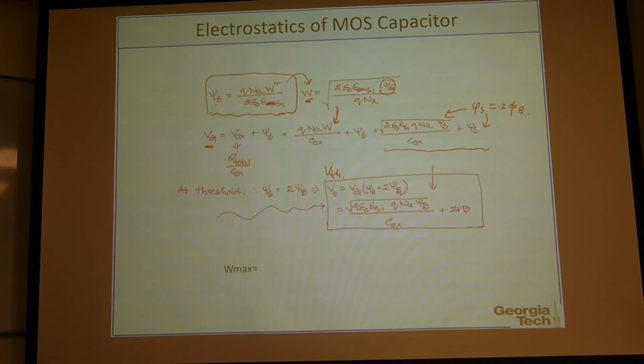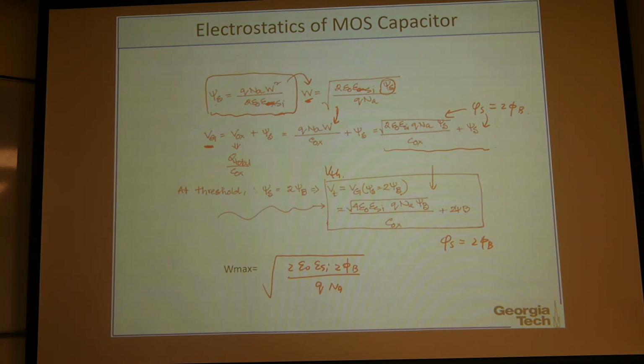And here we can also get the maximum depletion width, because at the threshold voltage phi s equals 2 phi d, we can plug into this: 2 epsilon 0 epsilon silicon 2 phi d divided by Q N A. That is the maximum depletion width, at the inversion condition.